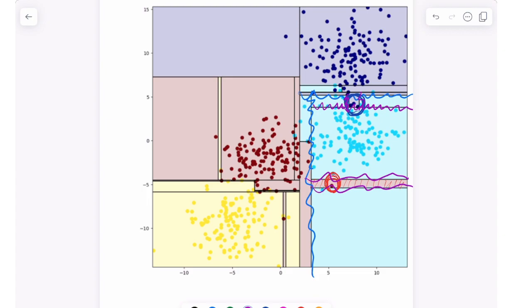The data points in this area are all dark blue. In this area, they are all red, although there is only one data point. But right here, all the data points in this area will be light blue.